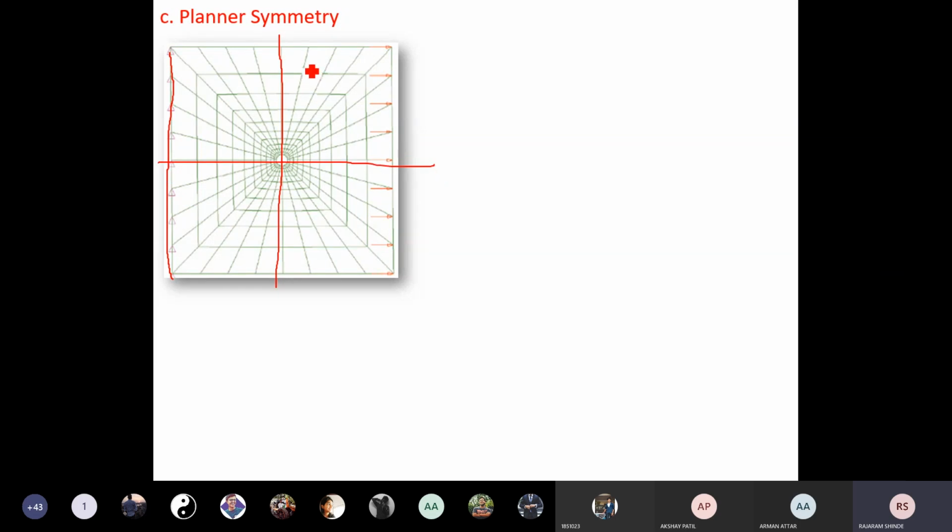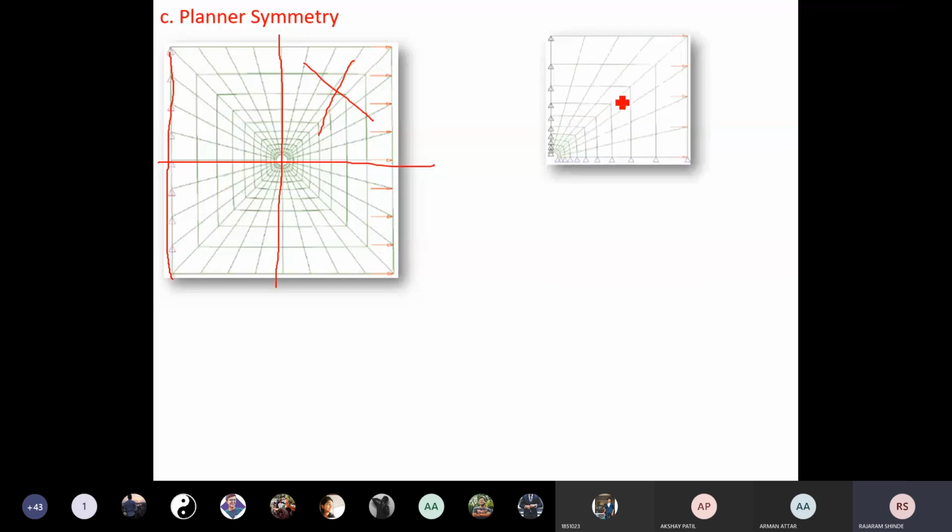Now in this situation you can use only 1/4 part of the geometry. This part, and application of load on this part, with symmetric boundary conditions. Okay, now the solution of this part only is sufficient for getting the results of the whole domain, or for analysis of the behavior of the complete problem. Okay, this is planar symmetry, that means it is symmetric about this vertical plane as well as the horizontal plane.